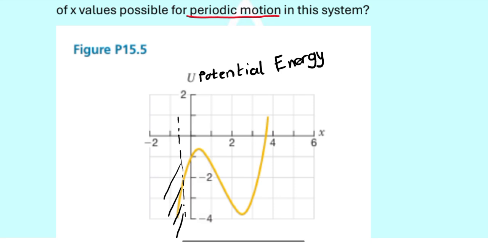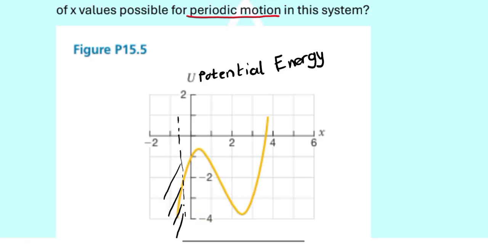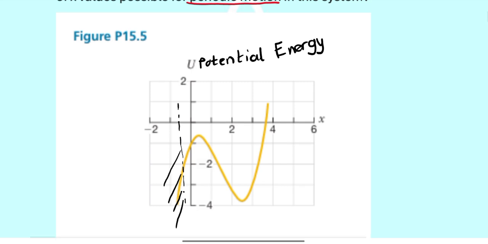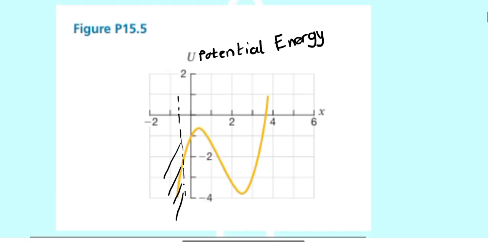That is what determines the periodic motion. So we are looking for the values of x in which potential energy will be increasing and decreasing at the same time.